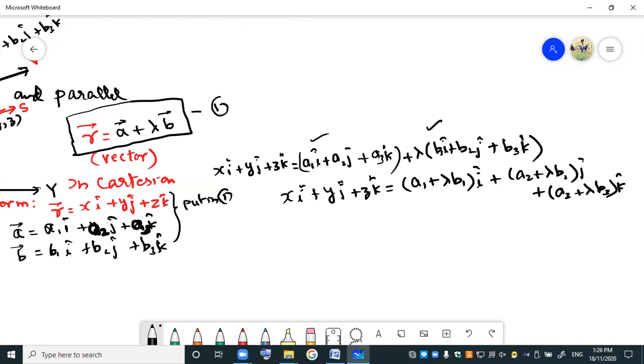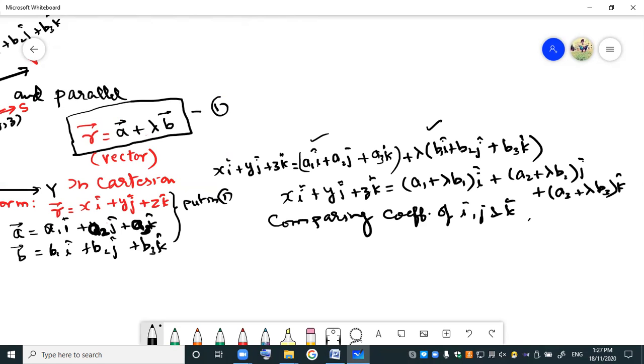Now you can equate the coefficients, comparing the coefficients of i, j and k.